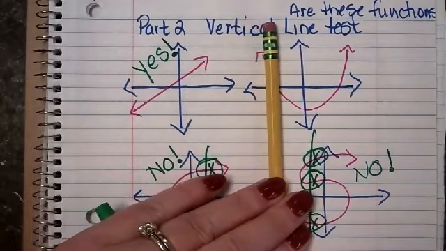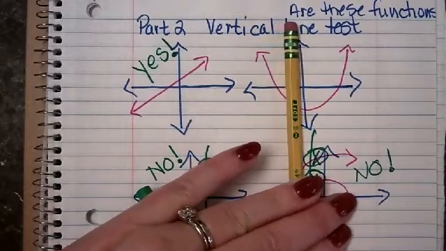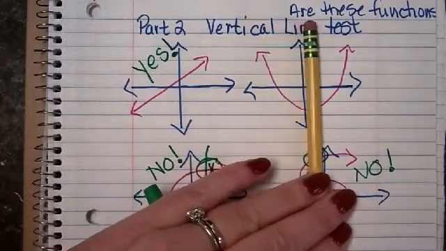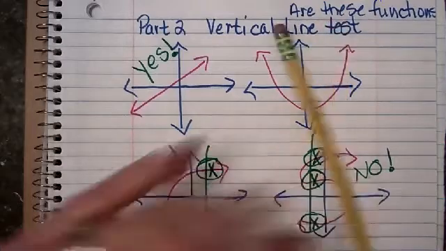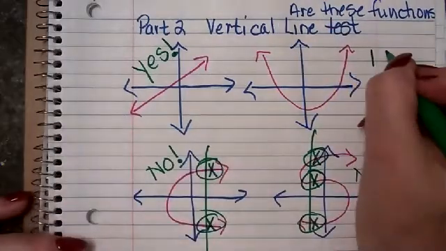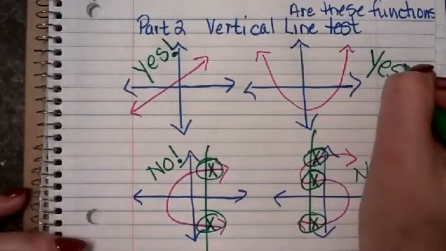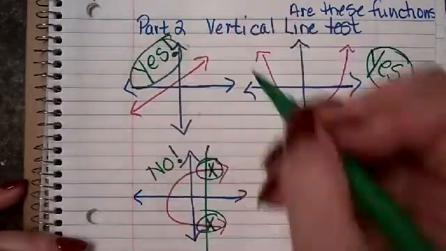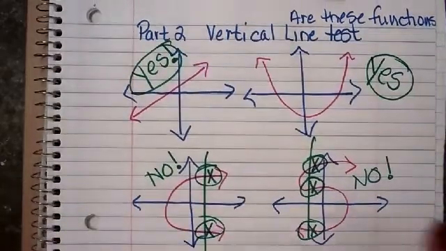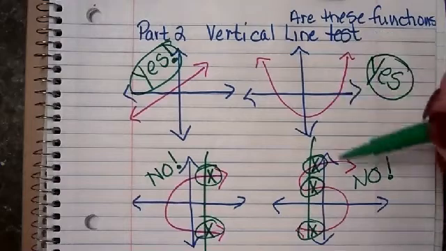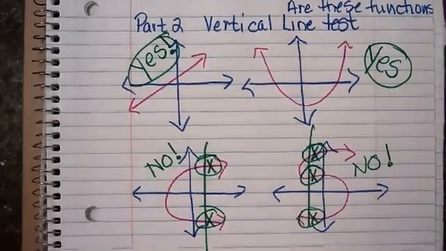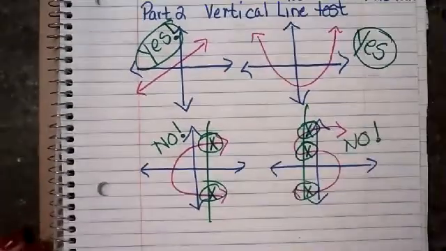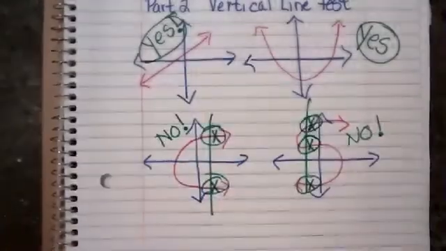So I'm going down my parabola with my vertical line, and it's never touching in more than one spot, is it? Always just one spot. So that is also a yes. Now, vertical line test works great when you have a graph of something to decide whether it's a relation or a function. Now, again, do I want to put a little note down here at the bottom to help me remember this? Okay.